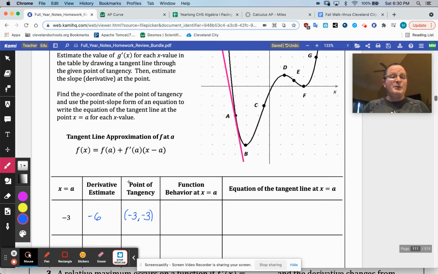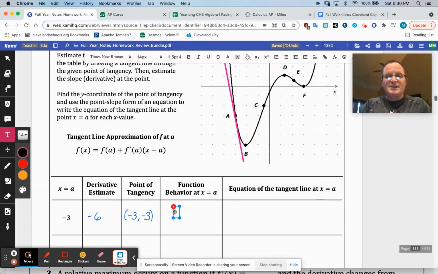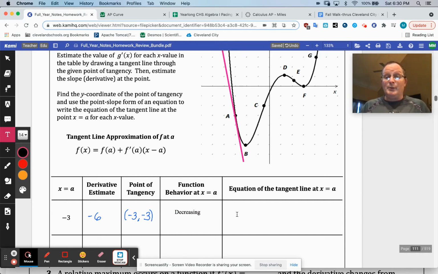And behavior certainly is decreasing at that point. The function is decreasing. And the rate at that moment, we are estimating to be -6, whatever the units may be. Then as far as the equation of the tangent line at that particular point, I'm going to do point slope the way I like.